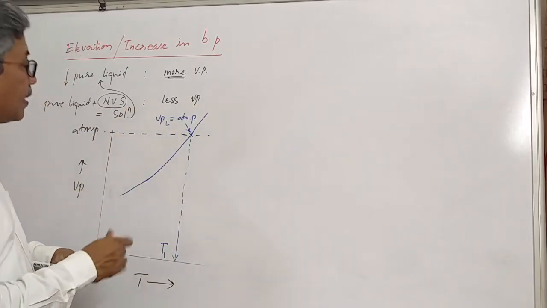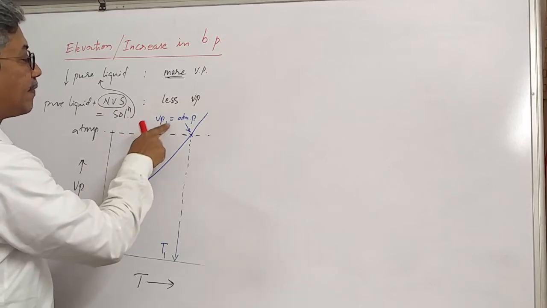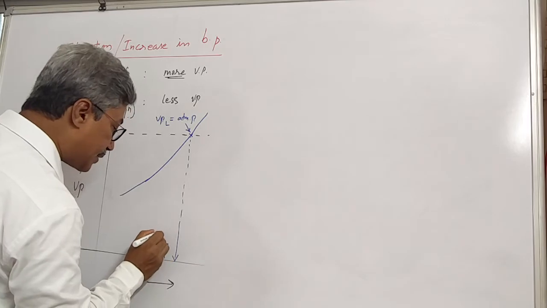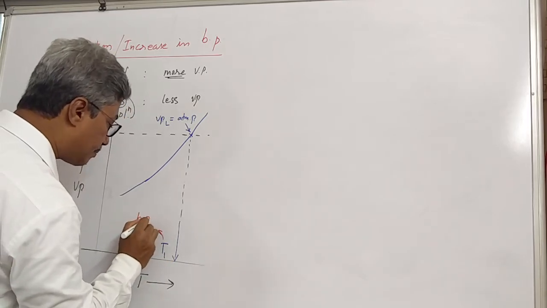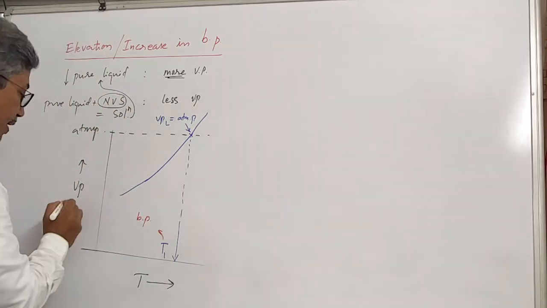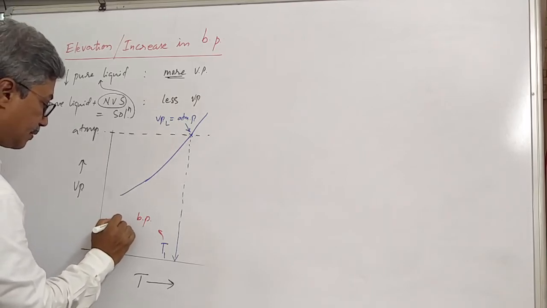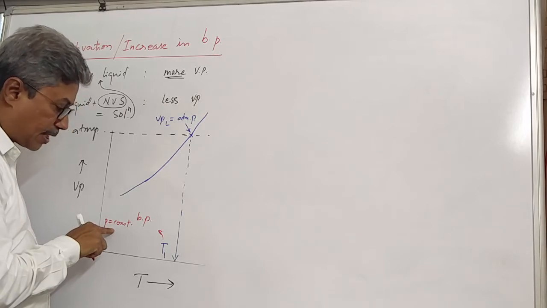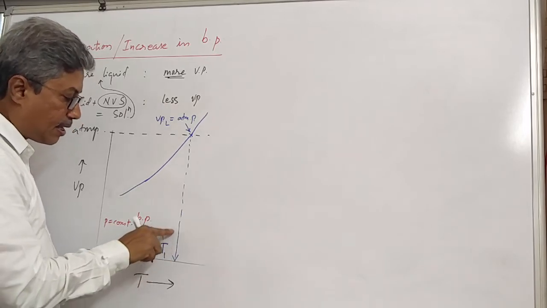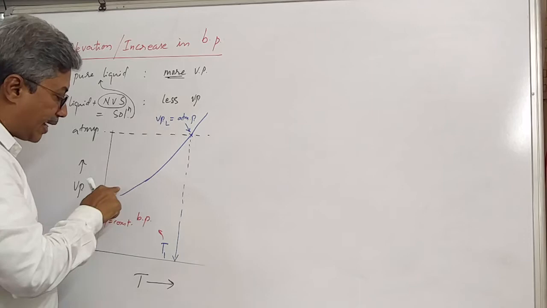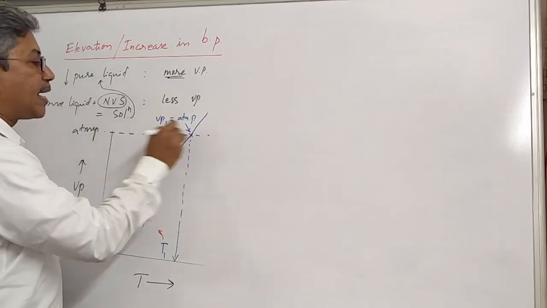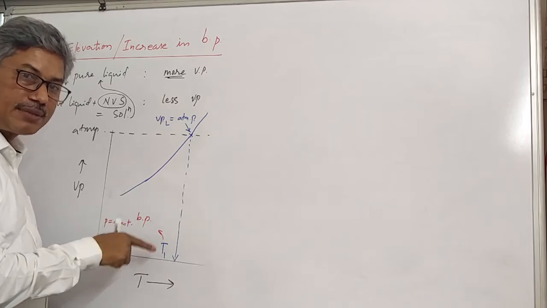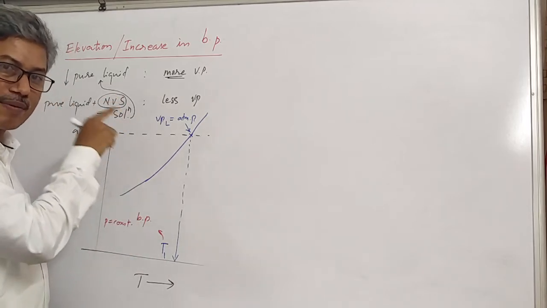At this temperature, vapor pressure of liquid becomes equal to atmospheric pressure. Therefore, this temperature is called as boiling point, provided the pressure is constant. That means at constant pressure of the surrounding, the temperature at which vapor pressure of liquid becomes equal to atmospheric pressure, that temperature is called as boiling point of the solvent or pure solvent here.